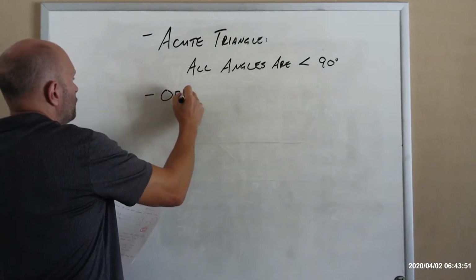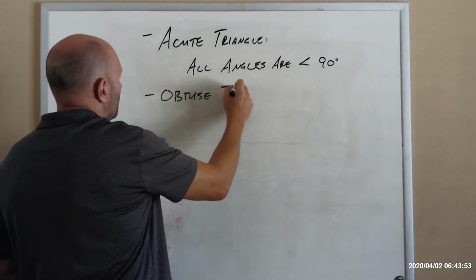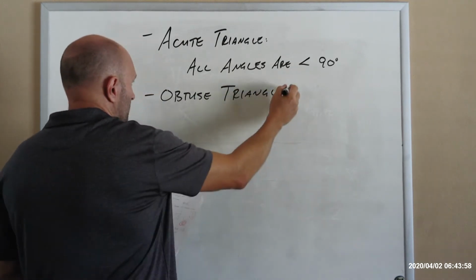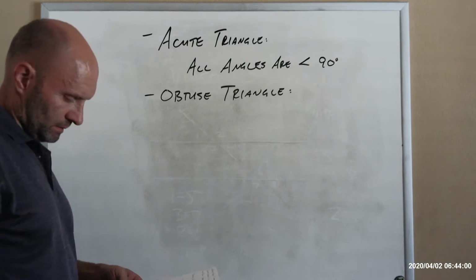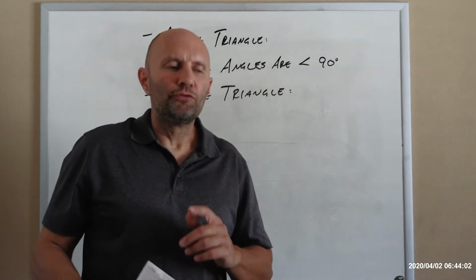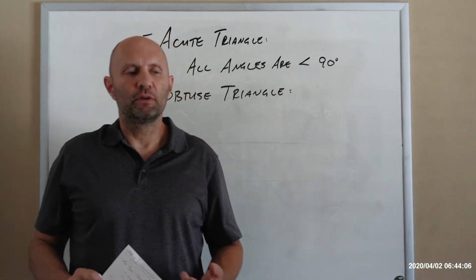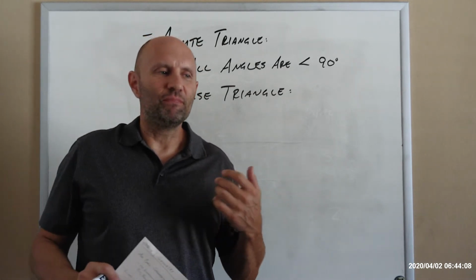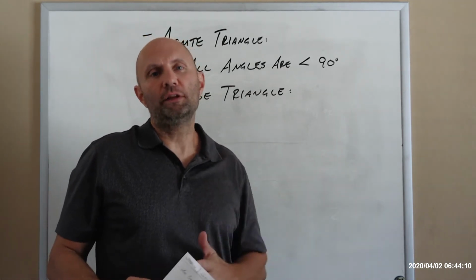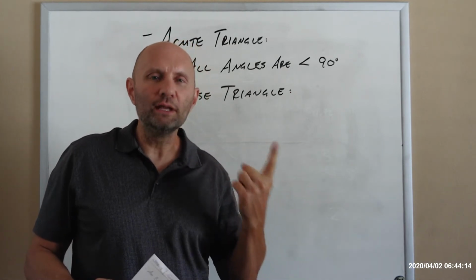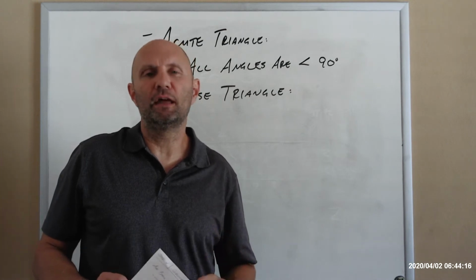We have an obtuse triangle. Obtuse meant what? The angle was bigger than 90 degrees. Well, with an acute triangle, all of the angles were less than 90. Obtuse, we can only have one angle bigger than 90.